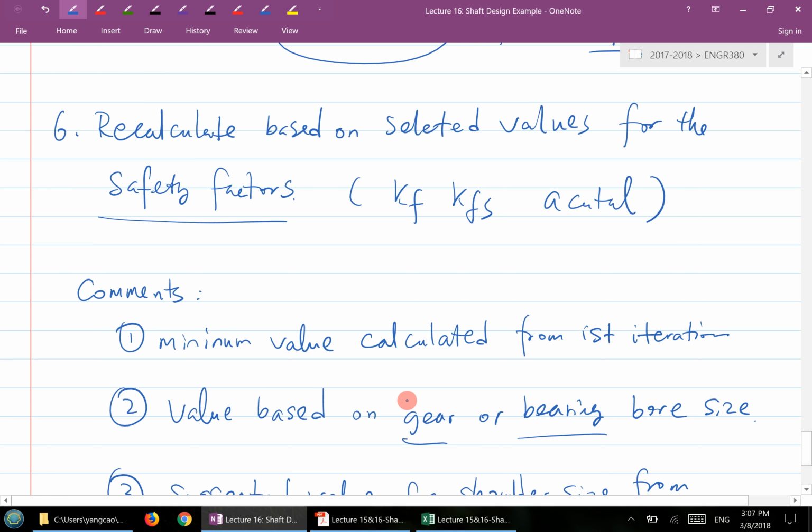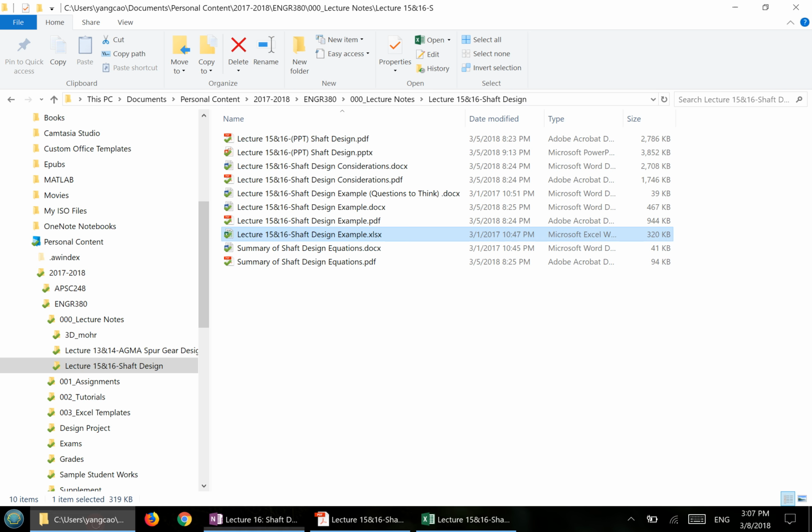Say, okay, here's the bearing I selected. And then they say, well, your bearing has this much ball size, which is different from what I decided upon, right? Then the one designing the shaft needs to recalculate based on the new information, essentially. Which brings us to the next one.